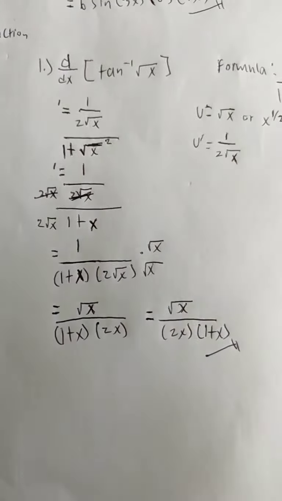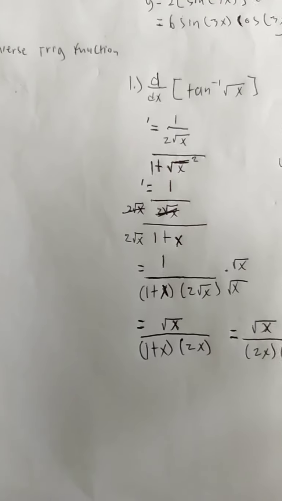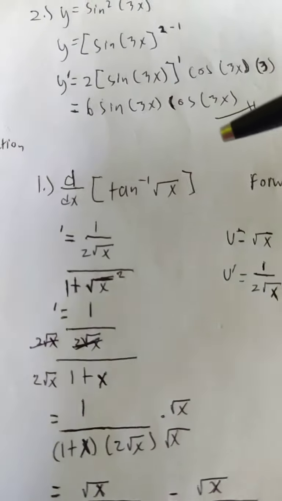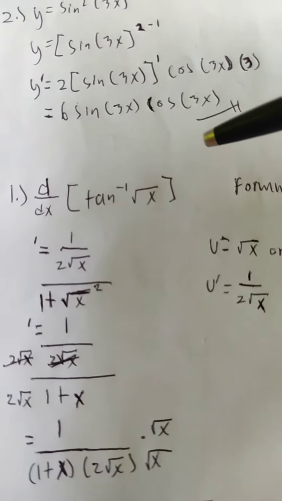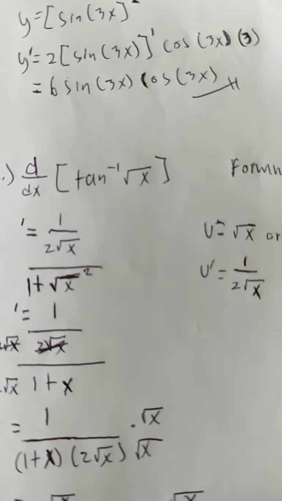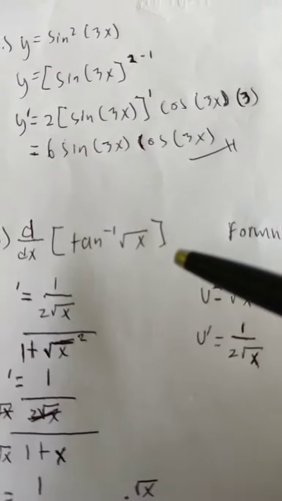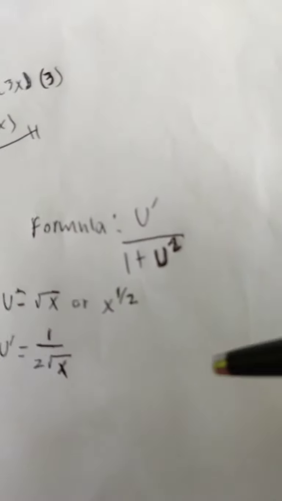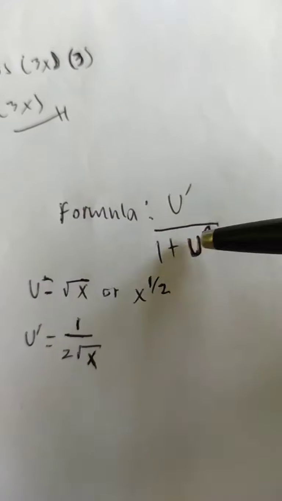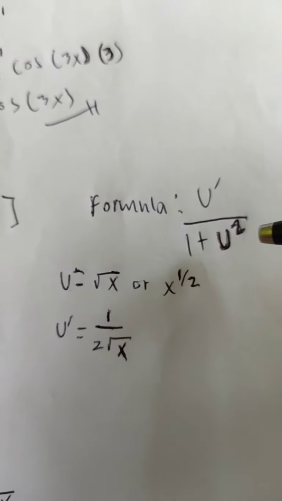So going back, we have another discussion here. This discussion will be for the inverse trigonometric functions. We are given the derivative of arctangent of square root of x. So the formula for arctangent would be u prime all over 1 plus u squared.